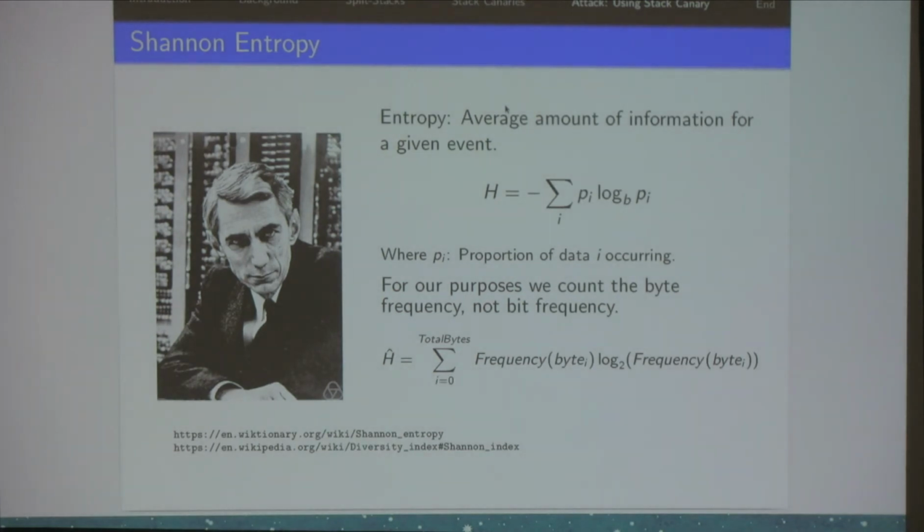All right, so this is Claude Shannon, the man who, well, he didn't coin the term entropy, but he tried to measure entropy. His definition is just the average amount of information given an event. So what we're trying to do is look into memory space for the highest entropy word, because I'm pretty sure that's going to be the canary. And I know that the canary value lives a certain distance from the return address.